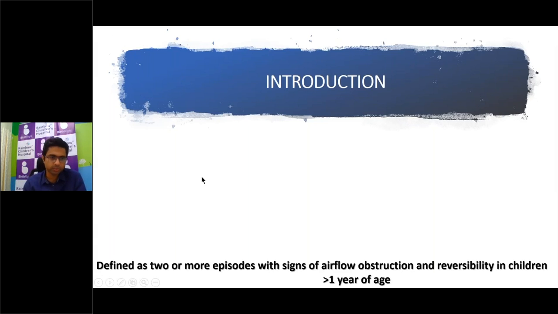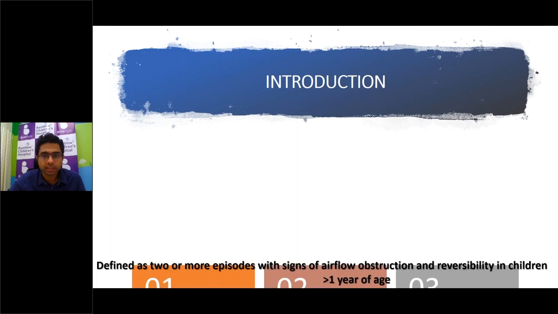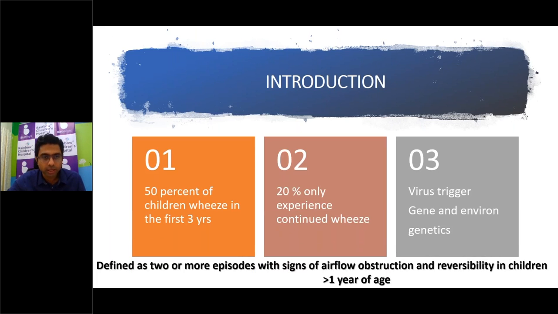So the first, how will you define under 5 wheezing? There are a lot of definitions, but the commonly accepted definition is that under 5 wheezing is defined as whenever a child has 2 or more episodes with signs of reversible airway obstruction in a child more than 1 year of age. 50% of children have wheeze in the first 3 years of life.